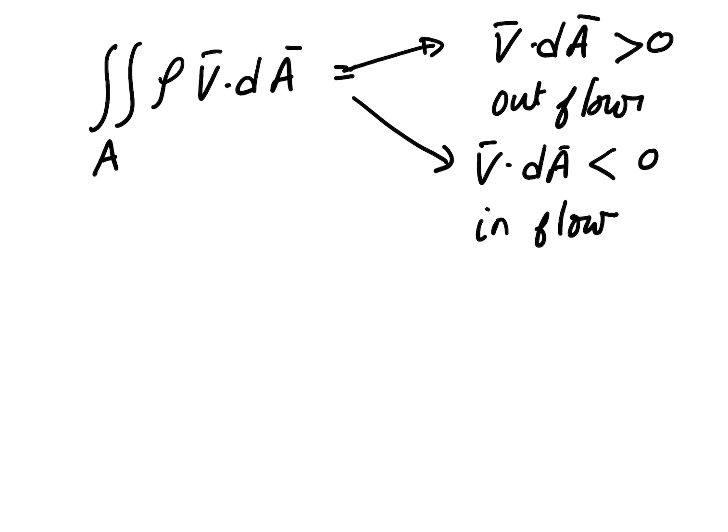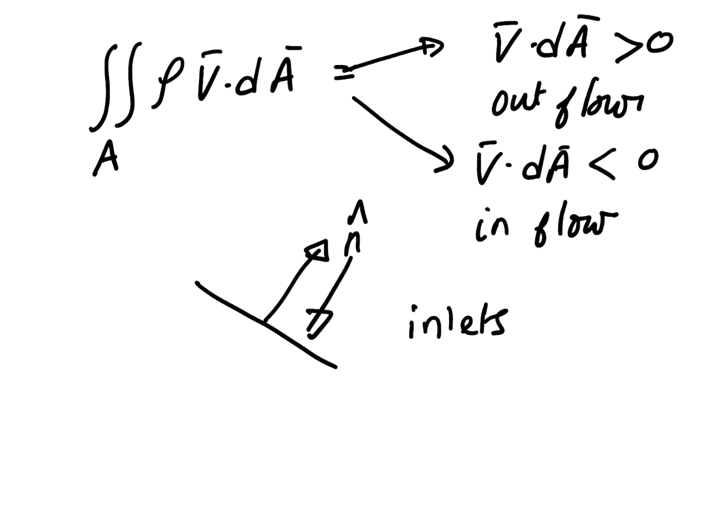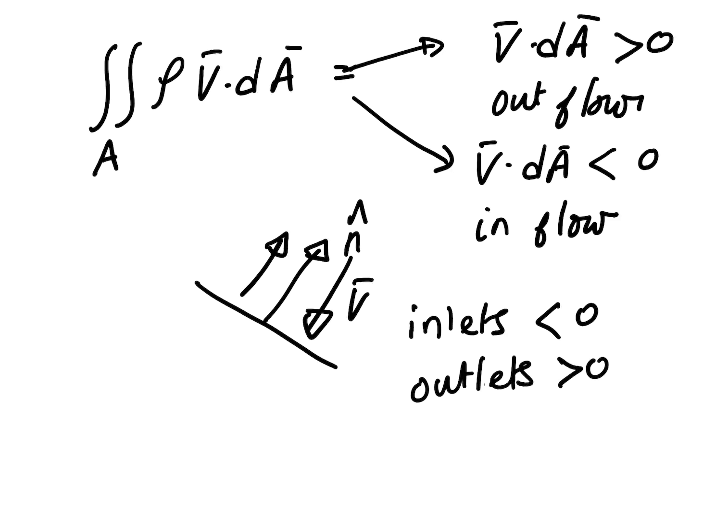So if you remember the sign convention, if you have an area, the vector is always drawn outward. Inlets are negative and outlets are positive. Okay, we'll see these through some examples.